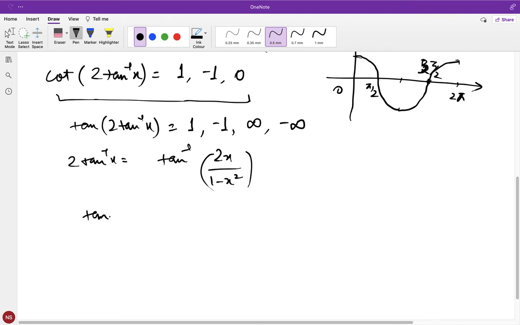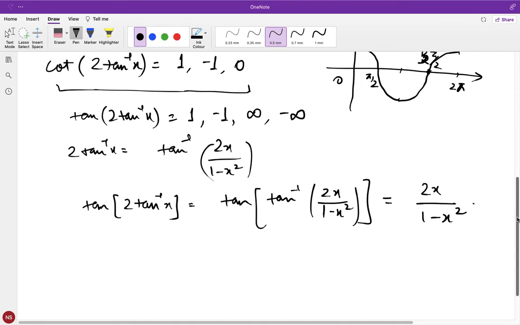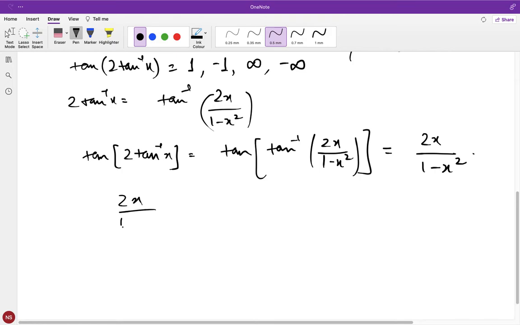So tangent of 2 tan inverse of x is equal to 2x by 1 minus x square. Sometimes I call it tan, sometimes tangent, it's one and the same thing. The given values for 2x by 1 minus x square are either plus minus infinity, or 1, or minus 1.